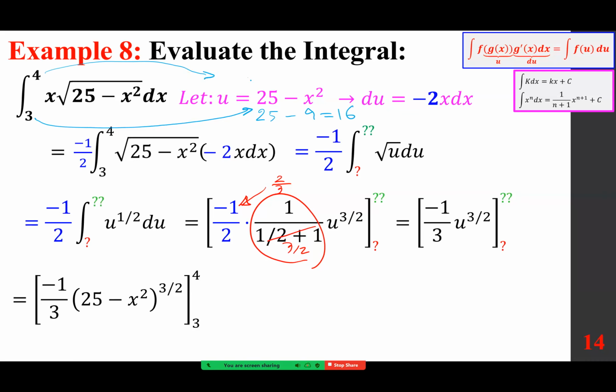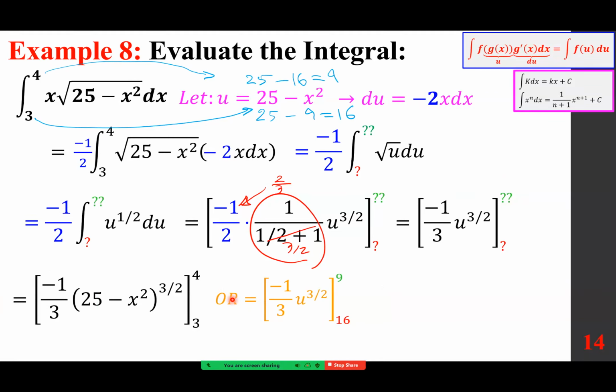I plug in 4, I get 25 minus 4 squared is 16, and I get 9. So the lower limit is 16, the upper limit is 9. So I'm going to replace them here. And whether you want to use this one or this one makes no difference. I'm going to use this one. It's a tad easier.